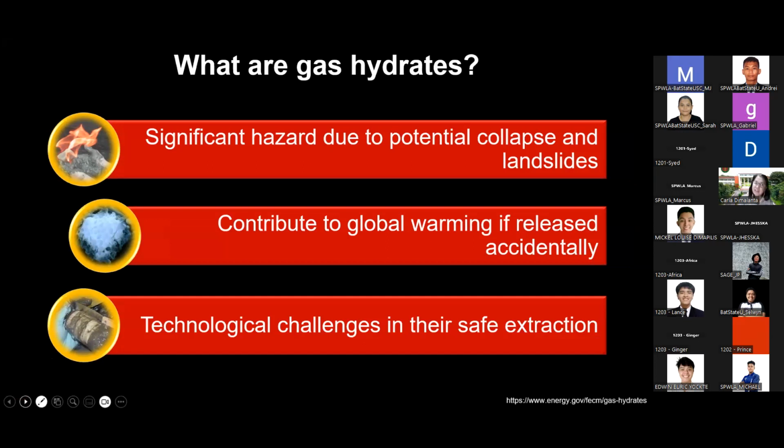On the other side, that's why you can see that the boxes are now in red. Despite all the advantages that can be derived from extraction of gas hydrates, there's the flip side.